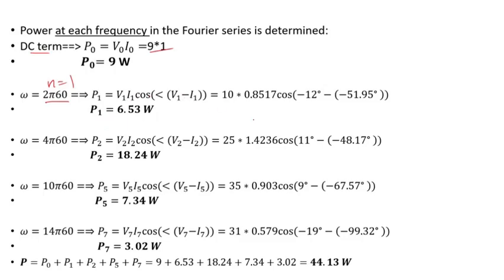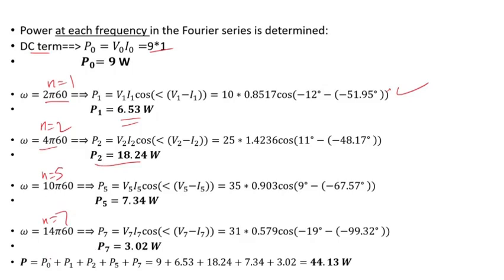I already calculated them. If I carry out the calculation, I get P1 equal to 6.53 watts. This is n equal 2, so 2 times 2 pi 60. I do the same thing. This is n equal 5, n equal 7.